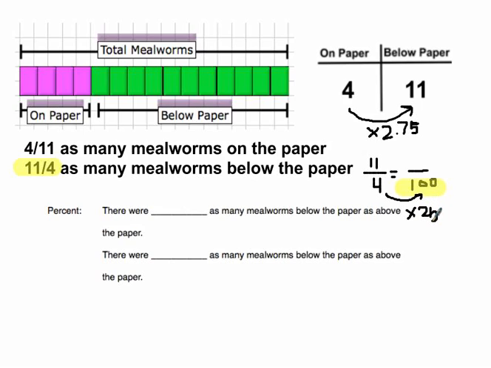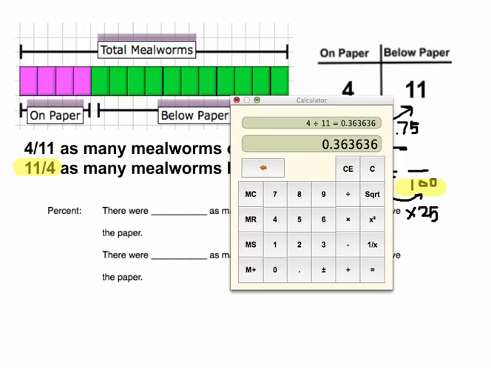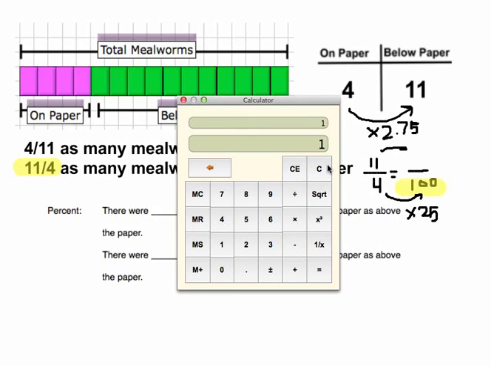And whatever we do to one side, we must do to the rest. So we need to multiply the numerator times 25. And 11 times 25 is 275. So it's 275 100ths.